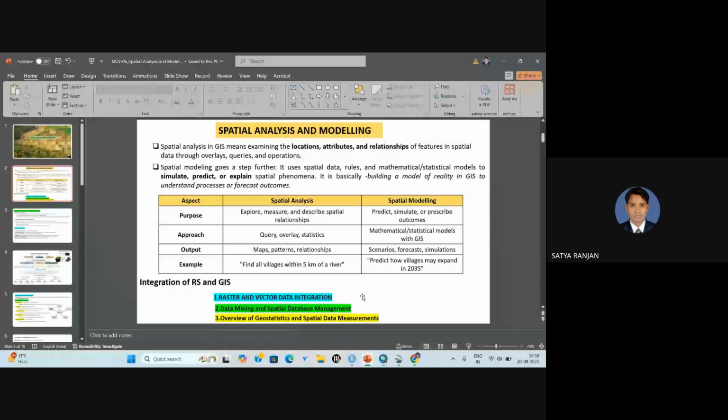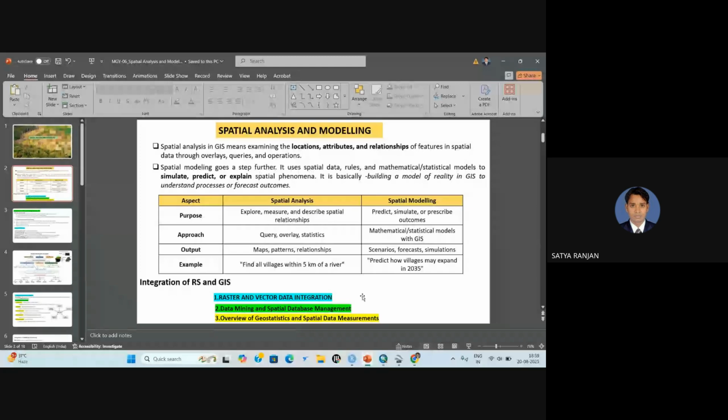We can create some image based analysis, but after that we use the GIS platform for further enhancing our outputs and giving multiple outputs or user based results. So integration of remote sensing and GIS is very important.